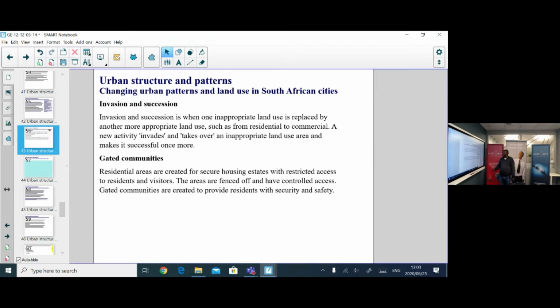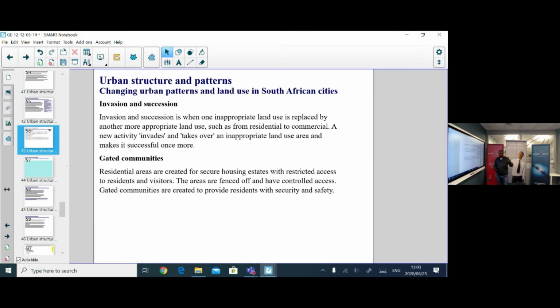Then we also looked at gated communities. These are residential areas that are created for secure housing. I think we know them as security compounds, or security complexes, which are given to people who want more security.